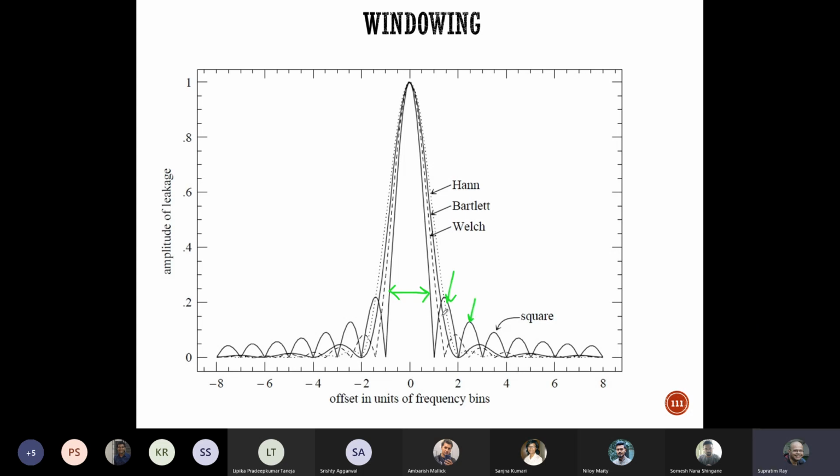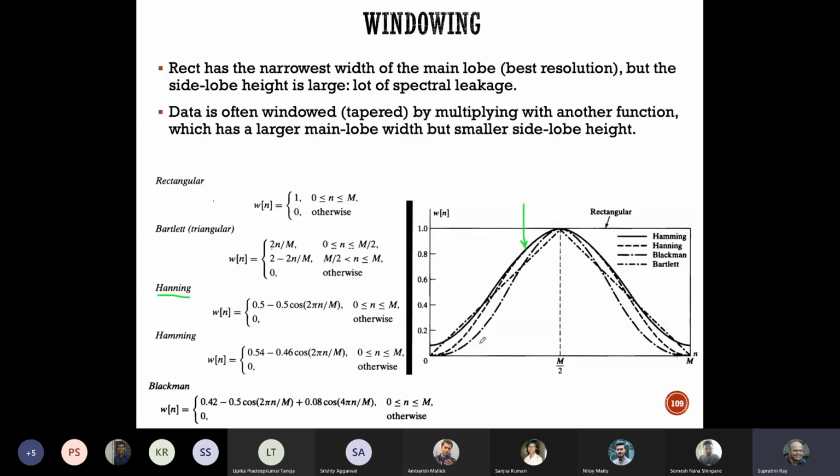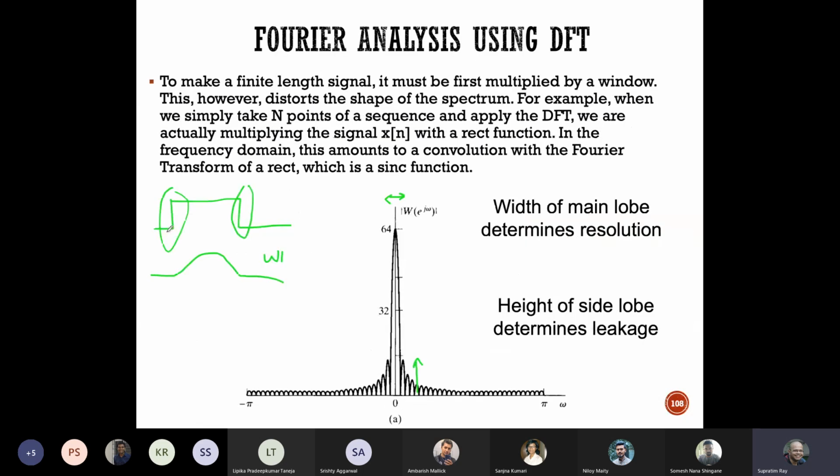And I can minimize the leakage by multiplying the signal with something else, which will increase the main lobe, but will minimize the side lobes. Okay, because these windows change slowly. So there are no sharp jumps like what we had seen in a rectangular window. These are very gentle windows. Okay.